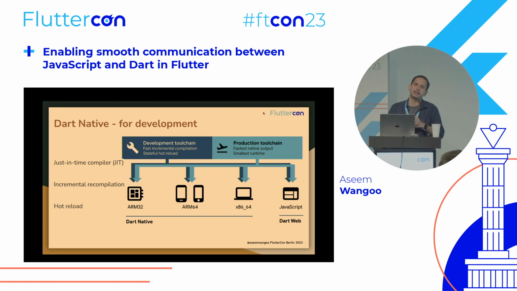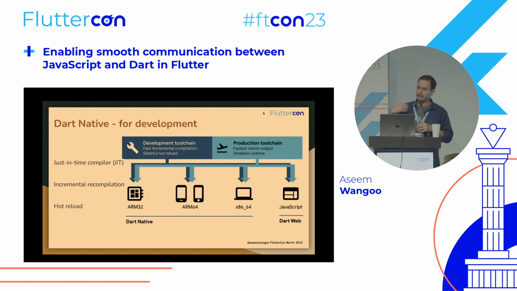Anyways, hot restart works, but other goodies like the tooling, the dev tools. So the Dart native compiler allows us to have that flexibility during development time. For instance, this compiler, which is called JIT, the just-in-time compiler, gives us those goodies during development.